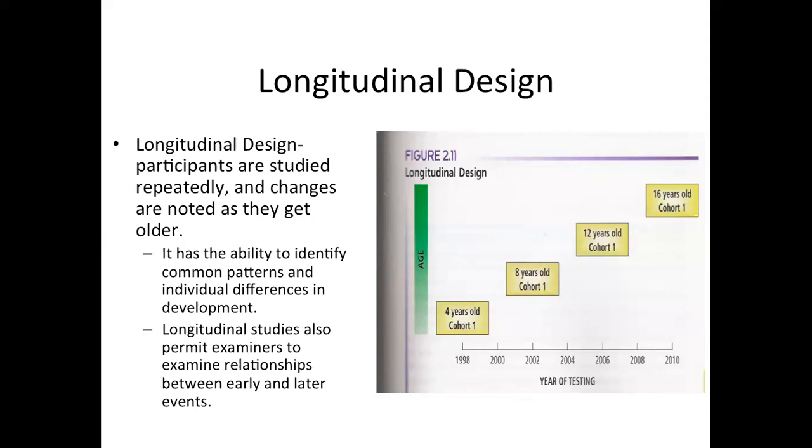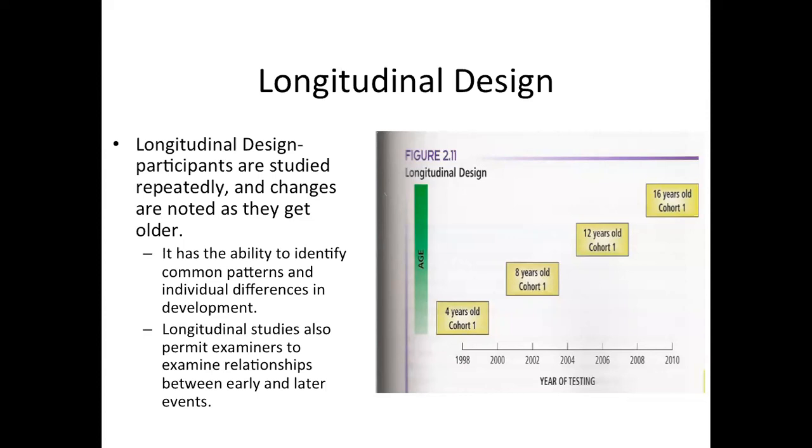We follow people through time to see whether or not there were any meaningful changes, any aspects of maturation, any aspect of competency that might have been acquired, or any form of deficits relative to what we would expect at that age bracket.